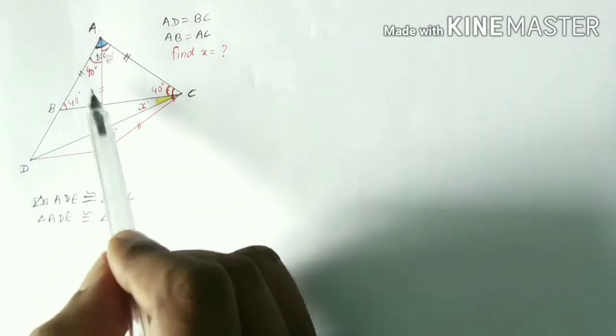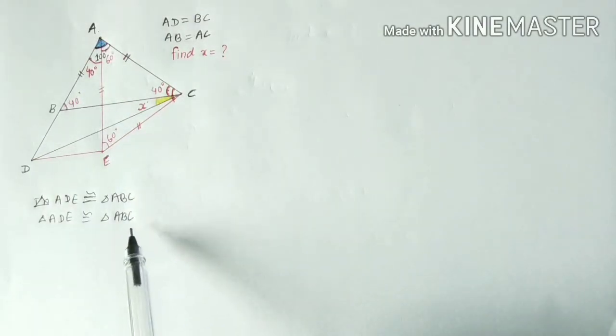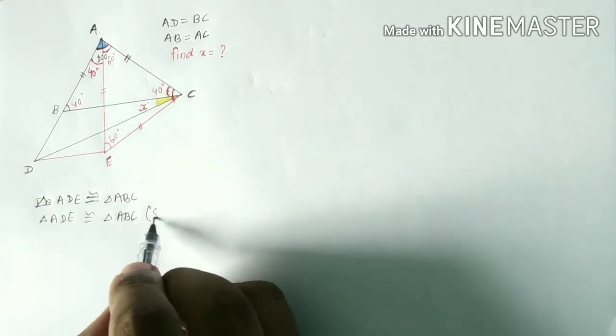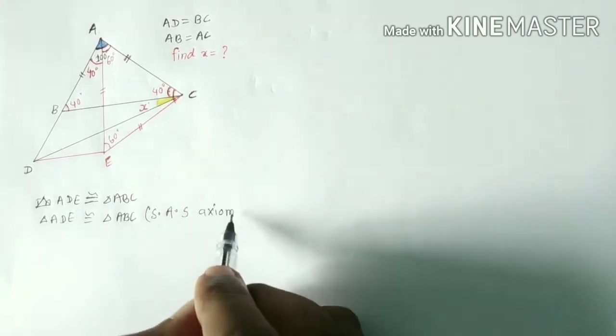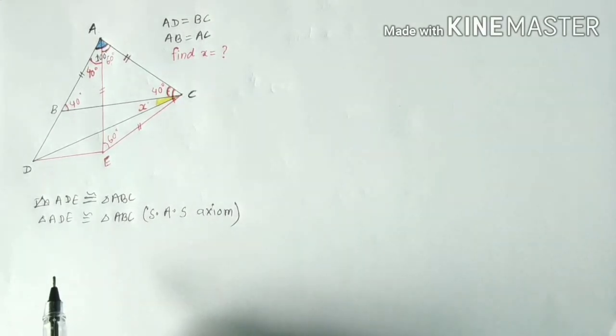So side, angle, side. These two triangles become congruent by the side-angle-side axiom.